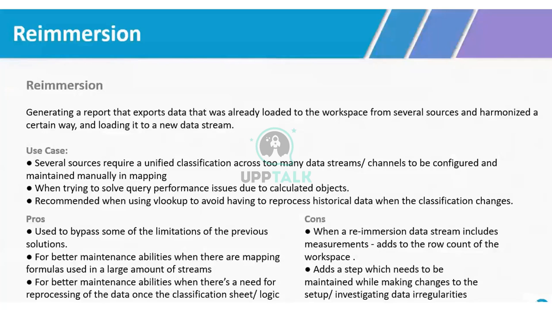Suppose you have Facebook data and you have 100 data streams of Facebook coming in. You did a certain level of harmonization using calculated dimensions or whatever, because calculated dimension is one of the easiest ones to do. Maybe you have performed harmonization on it.